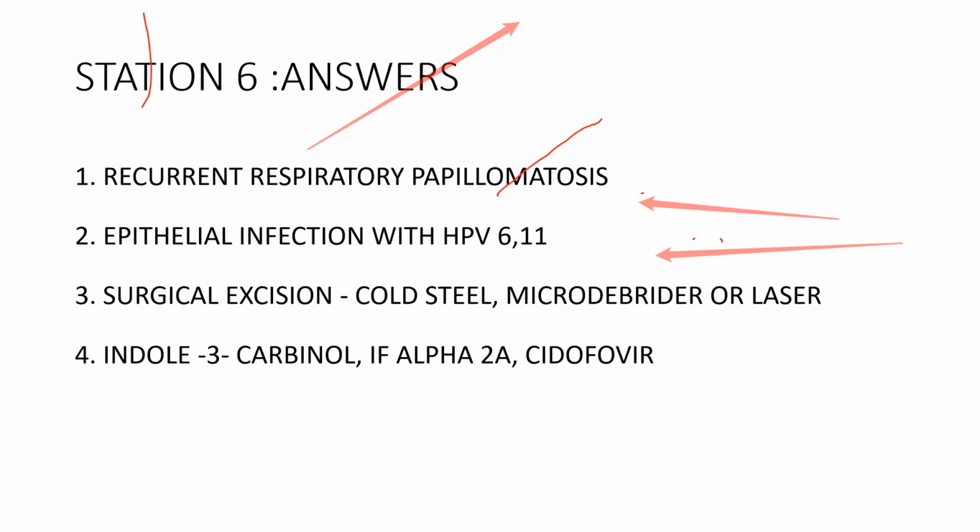So you always have to tell the main treatment along with the adjuvant therapies. Adjuvant therapies are cidofovir, interferon alpha, indole 3 carbinol. Indole 3 carbinol is extracted from cabbage. These are all adjuvant therapies that will prevent the recurrence of respiratory papillomatosis, where recurrence is a notorious problem which we face.